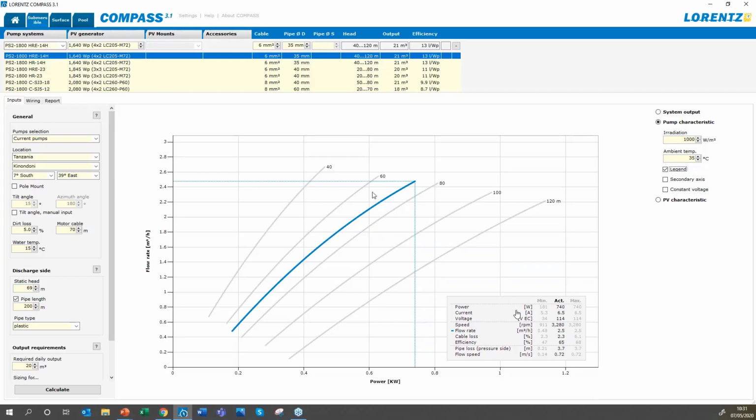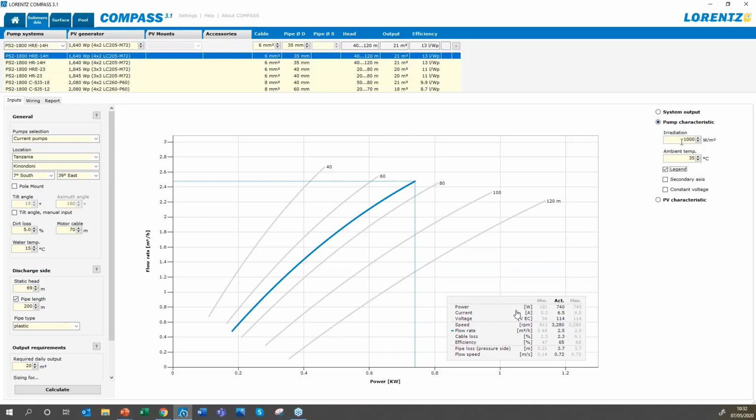We can see that it would be running at 74 meters of head, consuming at that point 750 watts of power. So again, really super efficient pumping at that point. And we can see all of the voltages, speeds, pipe loss calculations being done, and flow speeds of water. So all of the technical data we can see by looking at our pump characteristic.